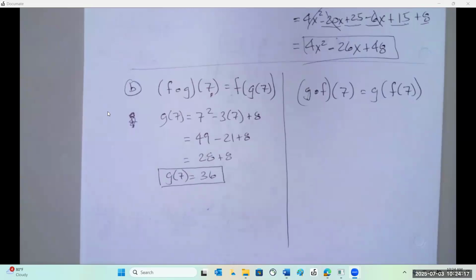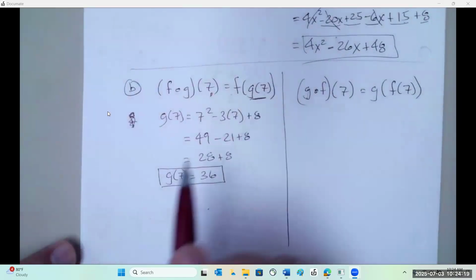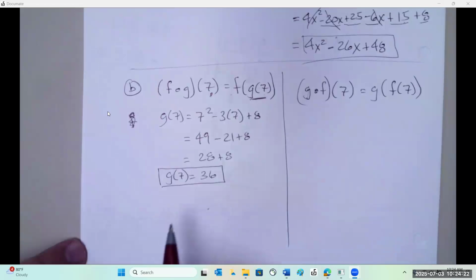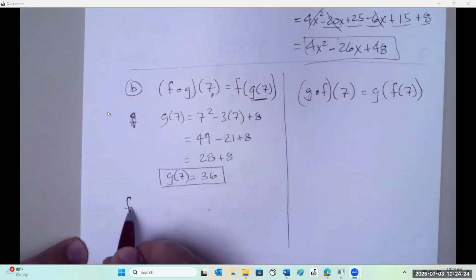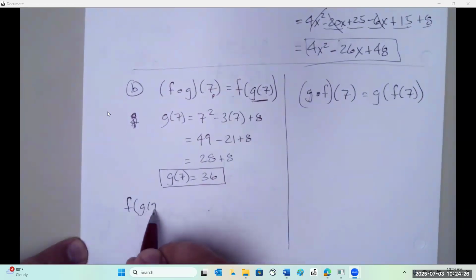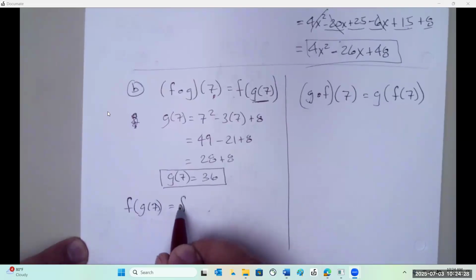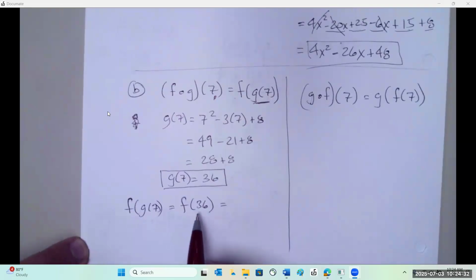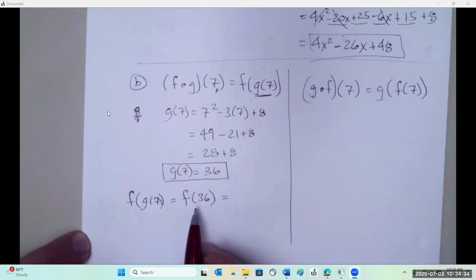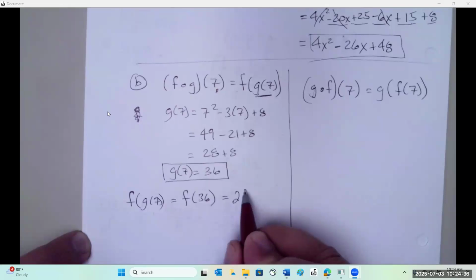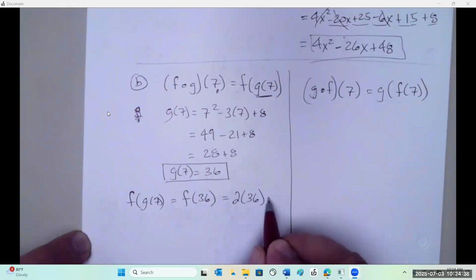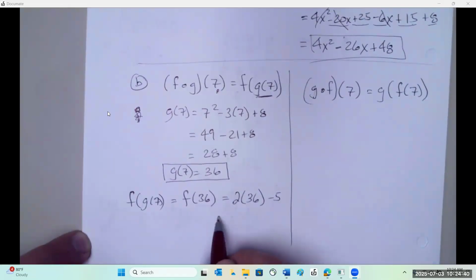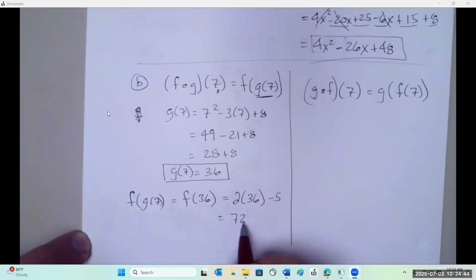That is just what we put into our other function now. We now have to do f of g of 7 becomes f of 36, which becomes anywhere I see an x in our f function, we put a 36. 2 times 36 minus 5. 36 times 2 is 72.